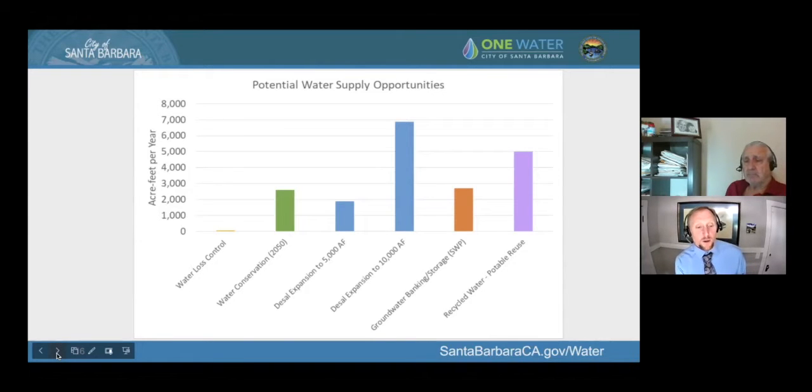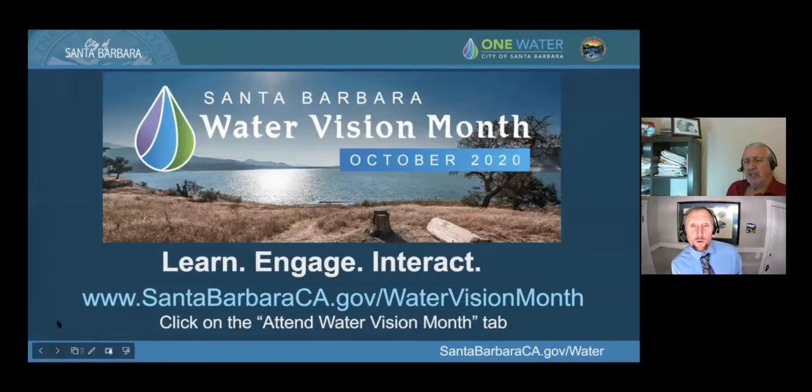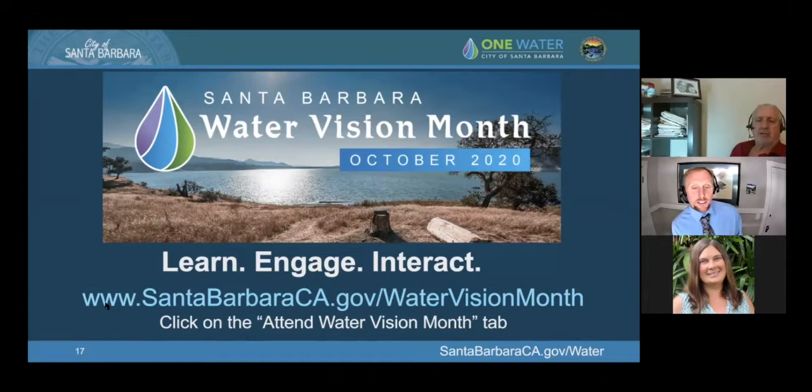With the options above, I feel confident that the city has the tools and is well positioned to ensure this community has sufficient options to adapt to future water supply challenges. And with that, I'm going to turn the presentation over to Dakota Corey, who's going to talk a little bit about Water Vision Month, and then we will come back and see if we can answer your questions.